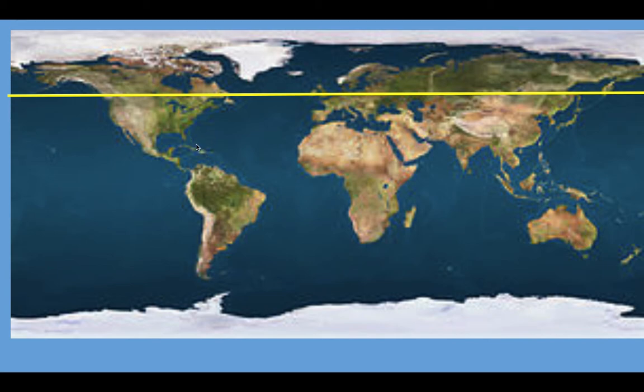But what happens is this water travels all the way up to here, and this line goes through London, just because London is a known city. If you think of London, it's very similar to New York, climate-wise, in that it's pretty temperate.